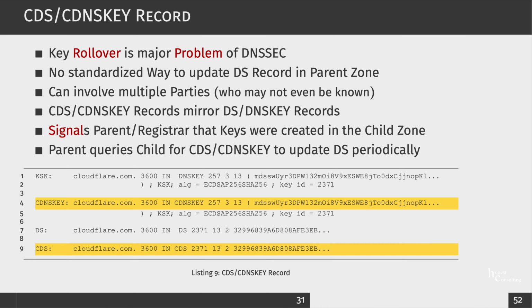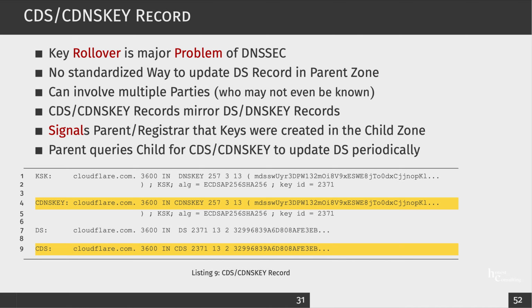And in addition to this, there is a CDNSKEY, which is exactly the same, but the parent zone of this, which is .com, can use this key, or can monitor for such keys to identify if new delegation signers are available.